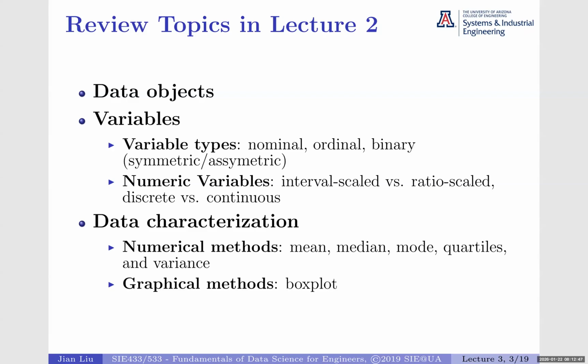We use models to model those variables. And when we have the data, we want to have a certain exploration of data. So that needs the method for data characterization. We want to quantify how the data look like. We have numerical methods, for example, the mean, the median, mode, quartile, and variance, so on and so forth.